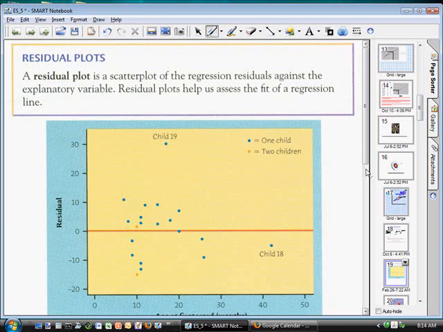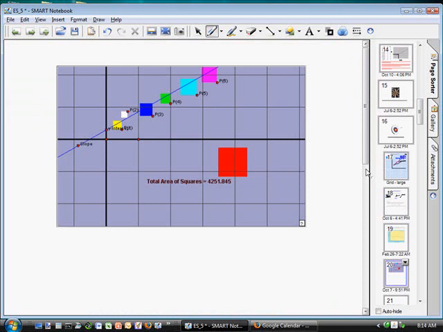I think what we're going to do, oh yeah, I want to show you this. Do you remember that another name I called this line was the least squares regression line? Does that ring a bell from last time? I want to actually demonstrate.